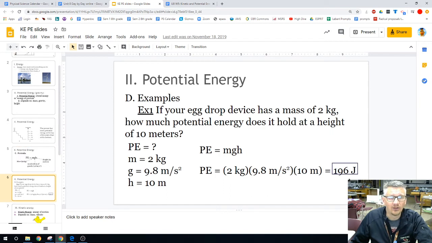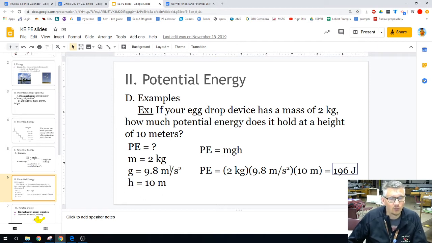When we take a look at a math problem, our example one is: if your egg drop vehicle has a mass of 2 kilograms, how much potential energy does it hold at a height of 10 meters? The formula for potential energy is the mass times gravity times the height.